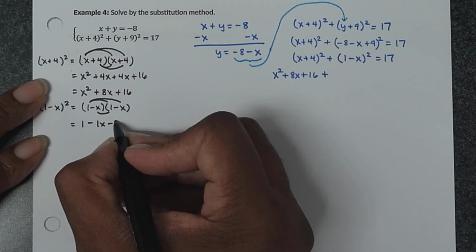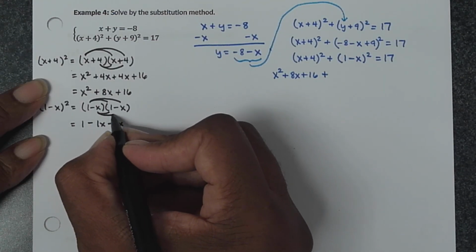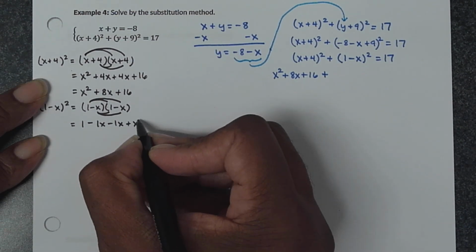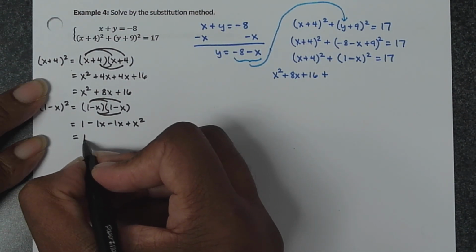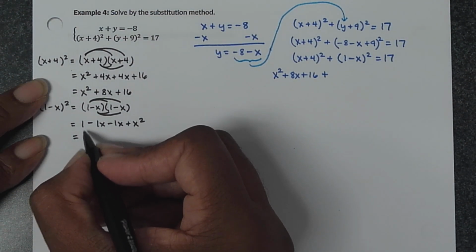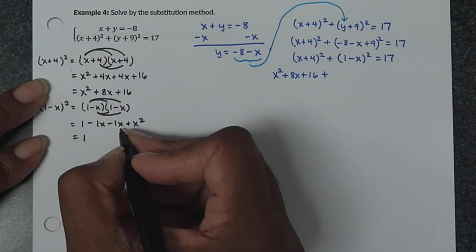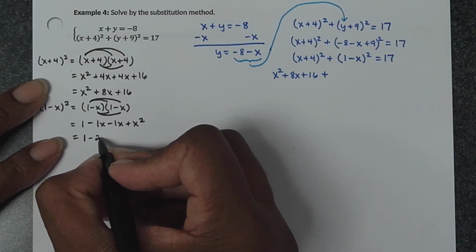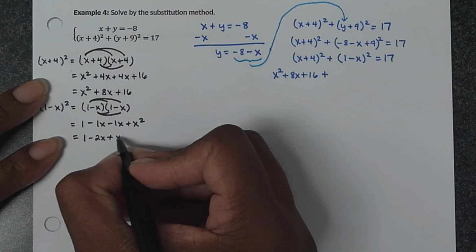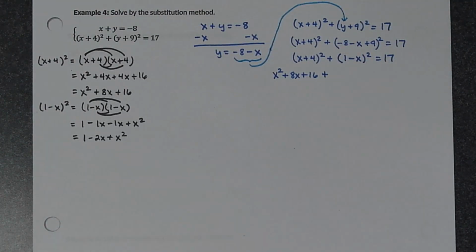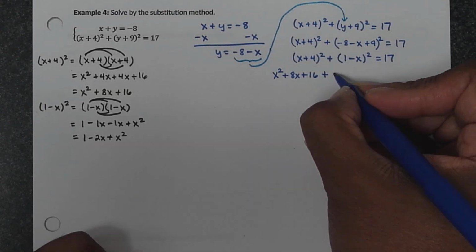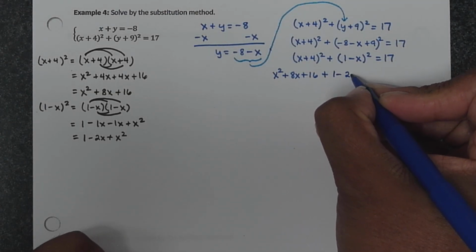Minus x times the 1 will be minus 1x. And then minus x times the minus x will be plus x squared. And then combine like terms to bring down the 1. Minus 1x and a minus 1x will be minus 2x plus x squared. So I have 1 minus 2x plus x squared, which is what 1 minus x quantity squared is. So I'll write that in.